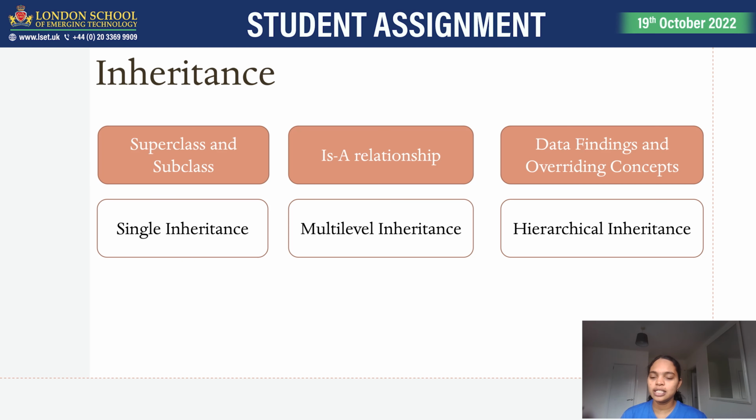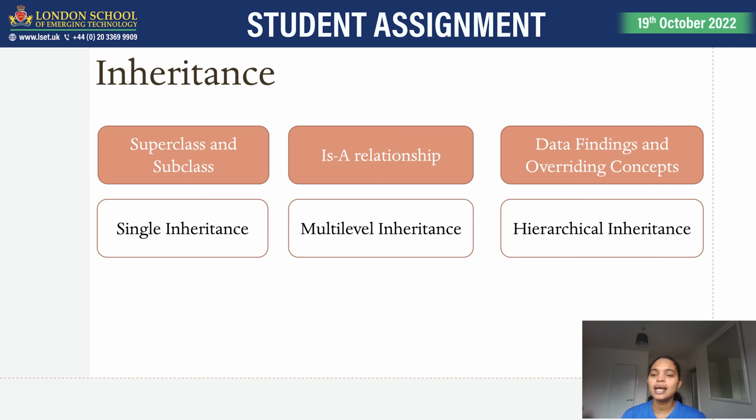Here, single inheritance means it has only one parent class and one child class. It has a parent and child relationship, which means the child class will inherit the properties of the parent class. The superclass and subclass relationship is also called single inheritance. Multi-level inheritance has a parent, child, and grandchild relationship.